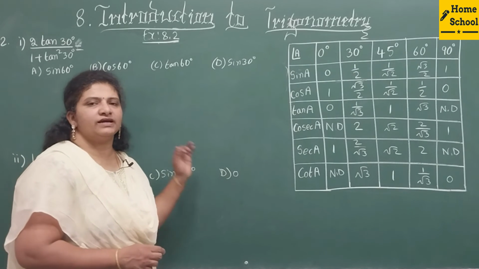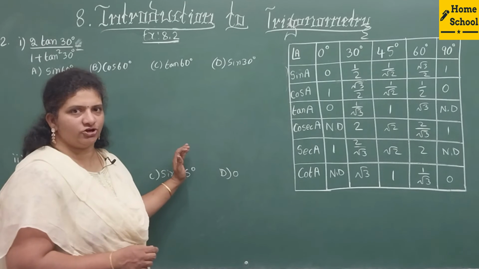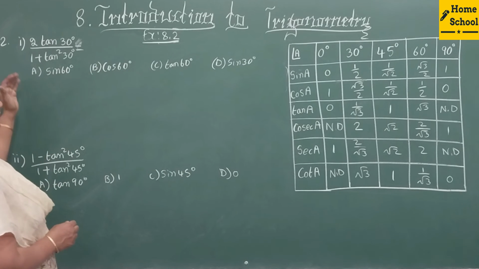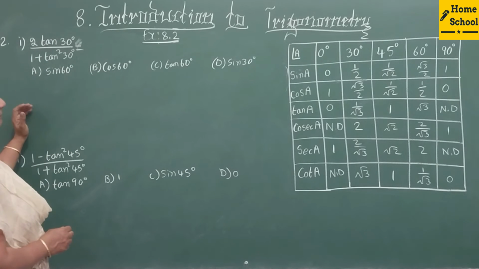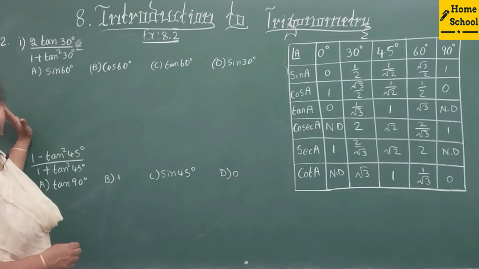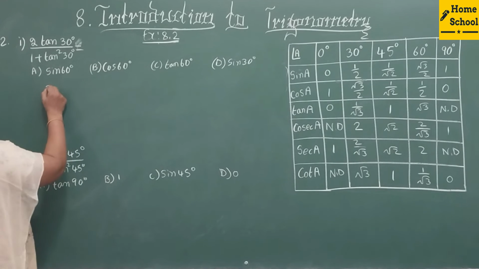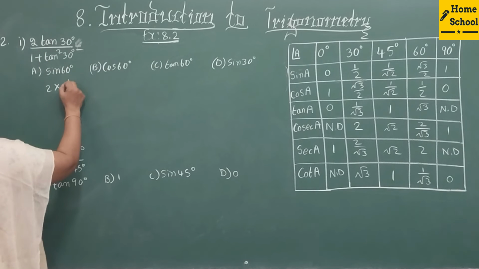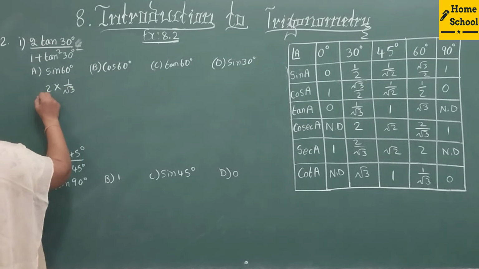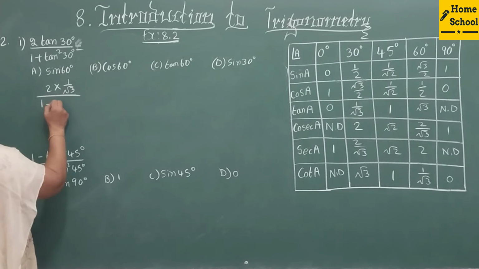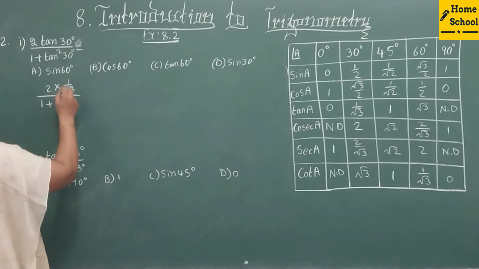Second main, choose the correct option and justify your choice. So first one in it, 2 tan 30 degree by 1 plus tan square 30 degree. What is tan 30? 2 into 1 by root 3 by 1 plus tan square 30.